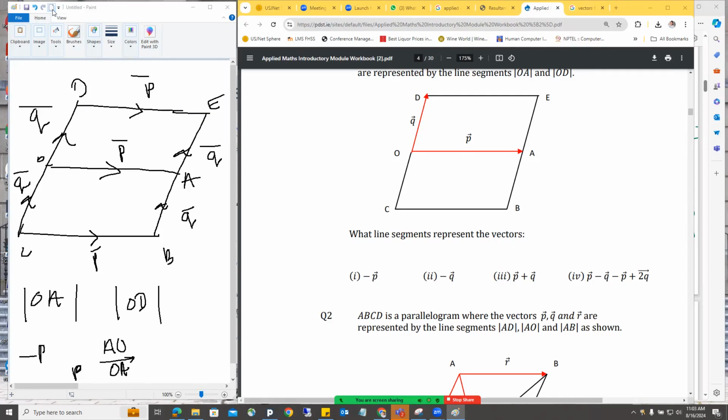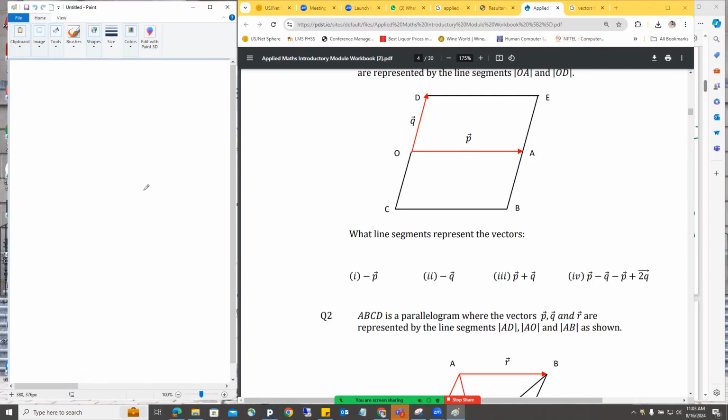If I write the answers for minus P vector, it would be AO, the line segment.